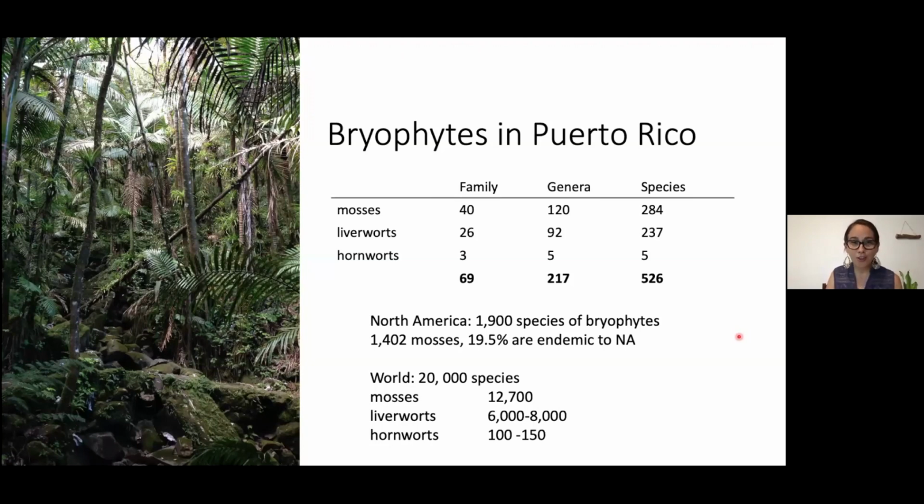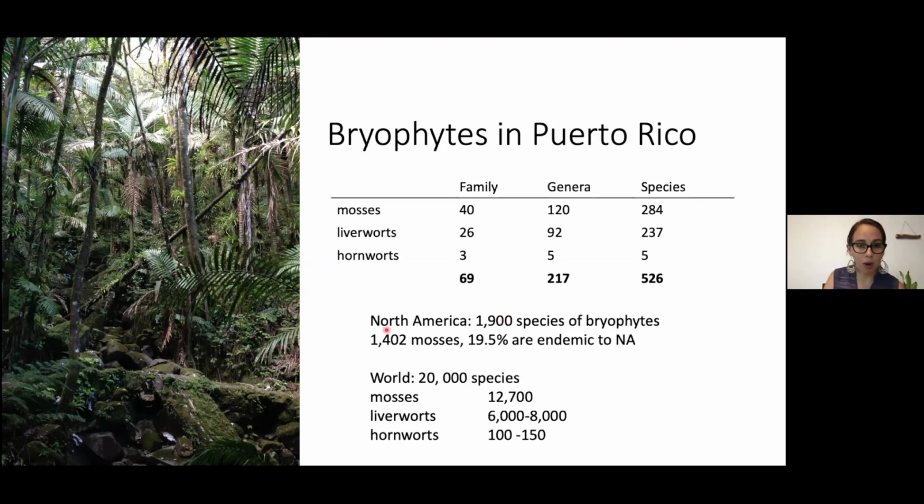Well, good news for you: in the non-tropical areas, mosses at least are as diverse as they are in the tropical areas. So you can call North America a hotspot, in some way, of species of bryophytes.